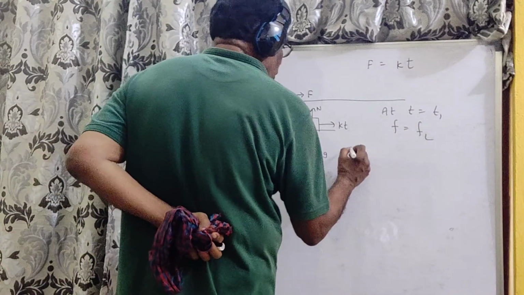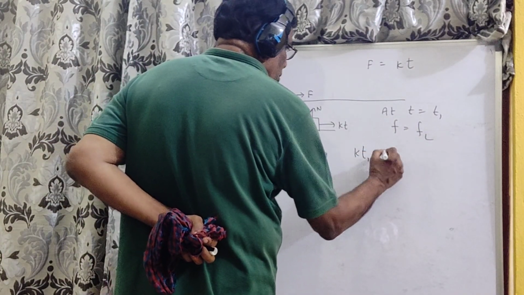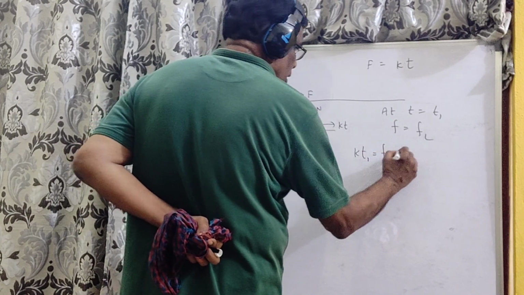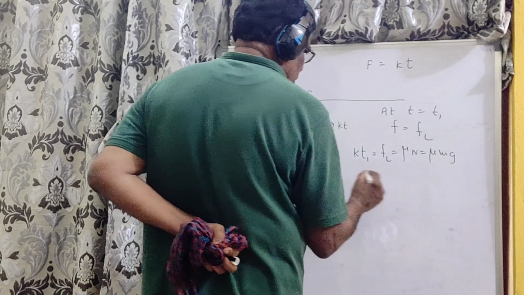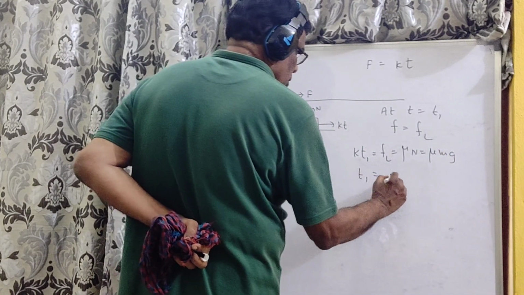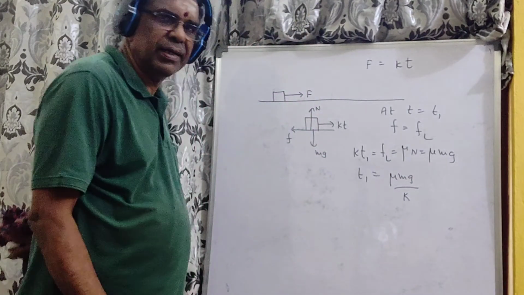In which case, the limiting friction FL is K T1, which is mu N, which is mu Mg. So T1 is equal to mu Mg by K.